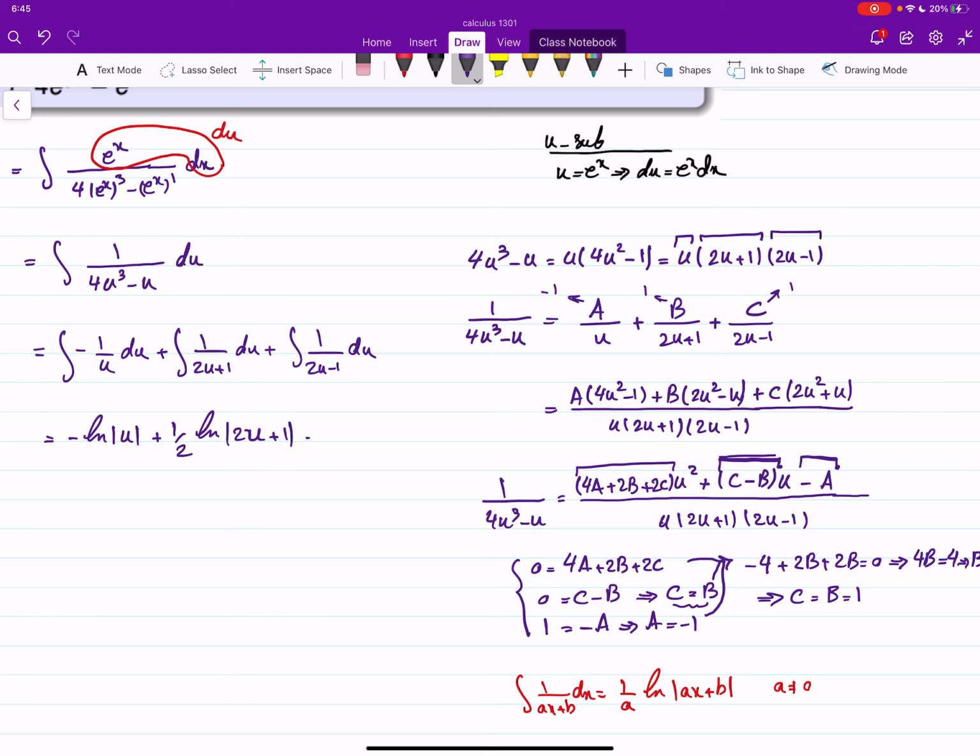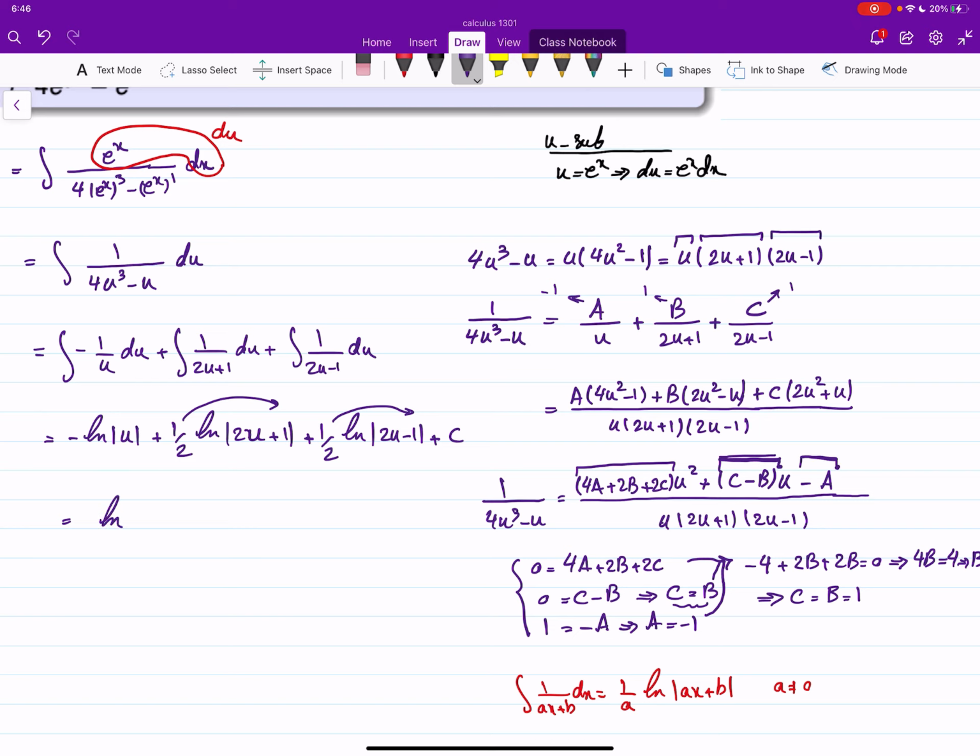And the third one is as well half of ln of 2u minus 1. And then plus c. Here we can use the properties of ln. For example, you see these halves can go in and give us a square root, and then when you add the logs, you multiply.